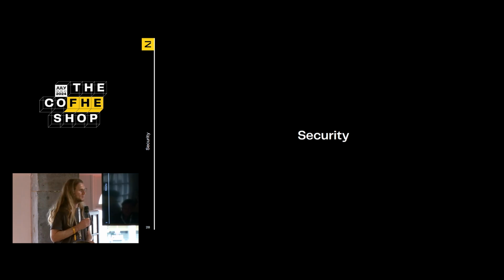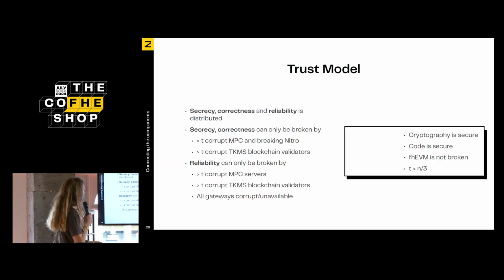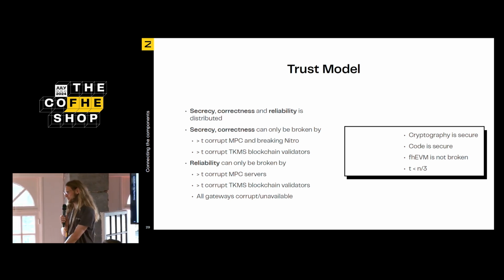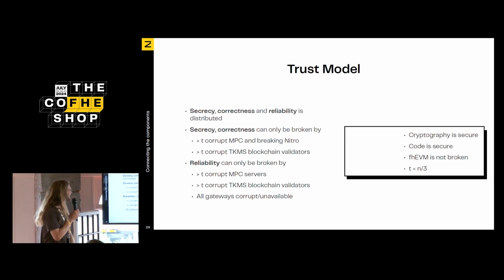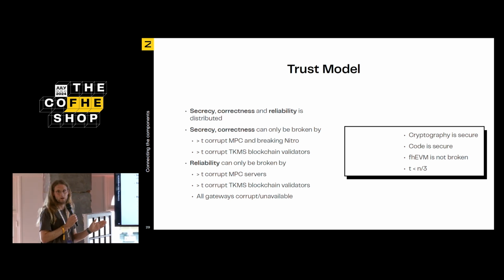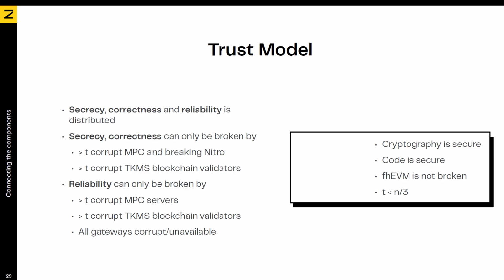Some final points about security. I think I iterated this, but these are the main points, especially when you do a presentation about key management: we get secrecy, correctness, and reliability in a distributed manner without a single point of failure or trust. Secrecy and correctness can only be broken if more than a threshold of the MPC servers or the validators on the TKMS blockchain is corrupt.